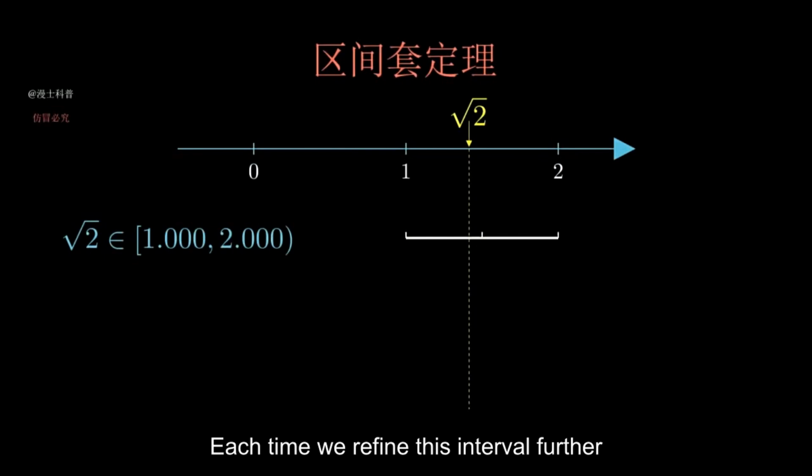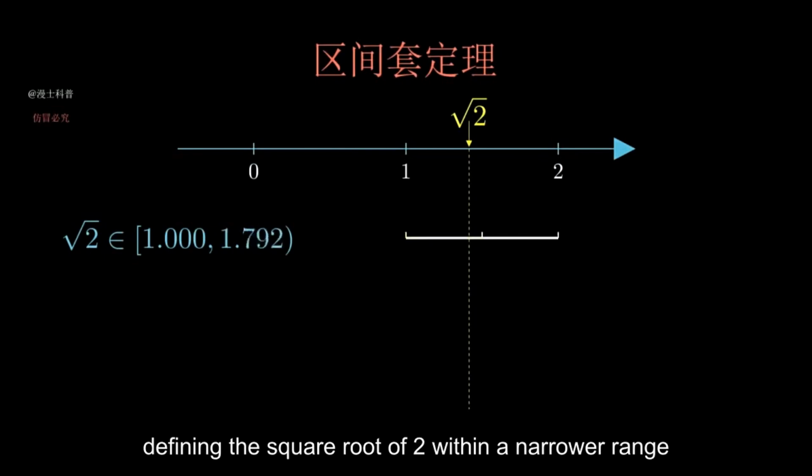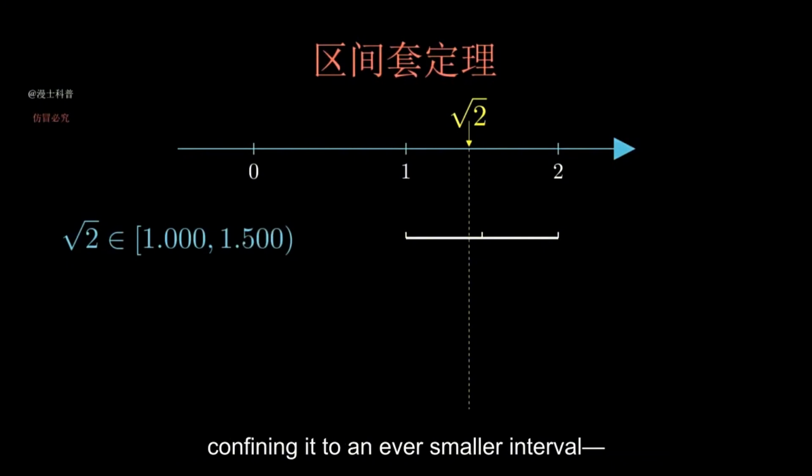Each time we refine this interval further, defining the square root of 2 within a narrower range, confining it to an ever smaller interval, for instance, between 1 and 1.5, progressively tightening the bounds. We find it nestled between 1.25 and 1.5.